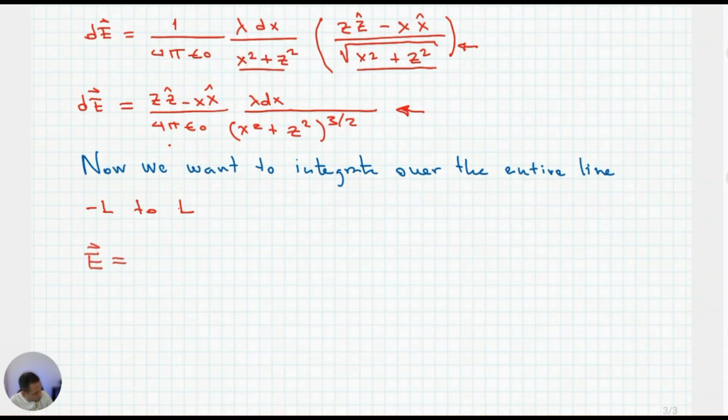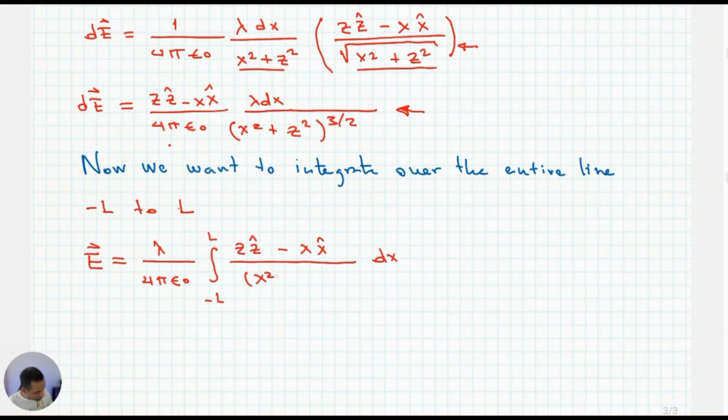So we get E is equal to lambda dividing 4 pi epsilon 0. These terms don't go into the integral because they are constant. This is the integral from minus L to L, z minus x dx dividing s squared plus z squared to the 3/2 power. That's beautiful.